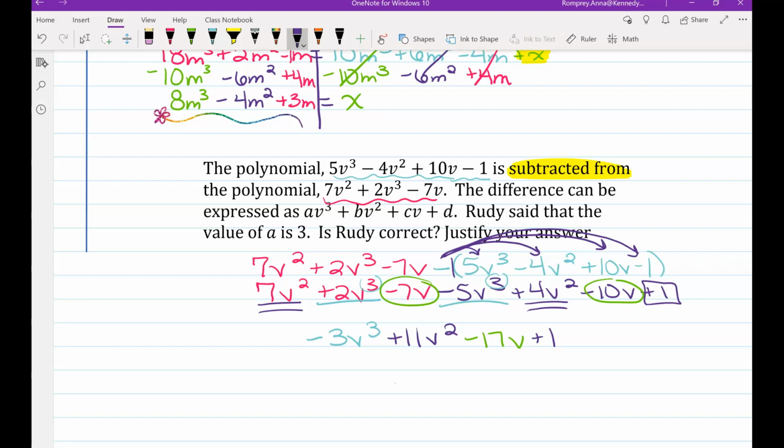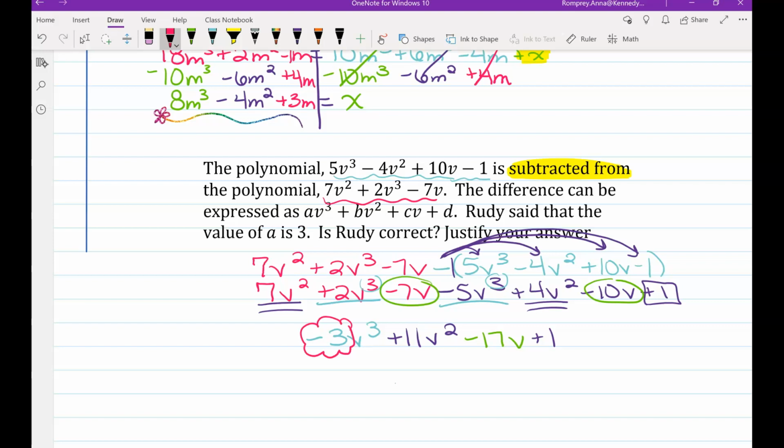Is that all we're doing? Are we just solving? Let's come back up here. Oh no, we're trying to justify, is Rudy correct or not? So Rudy said that the value of a is 3. Is Rudy correct? No, bud. A is definitely a negative 3. I'm thinking you forgot to subtract.